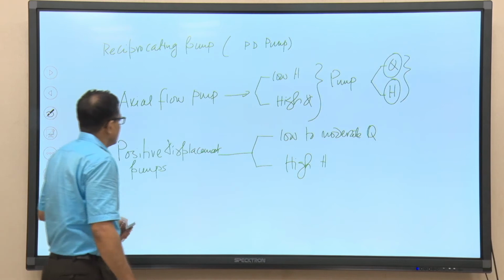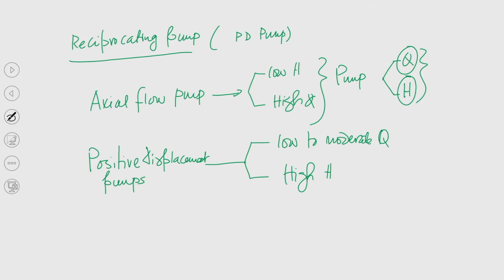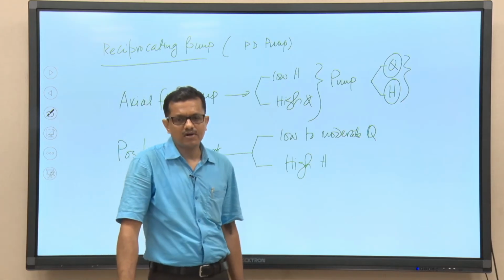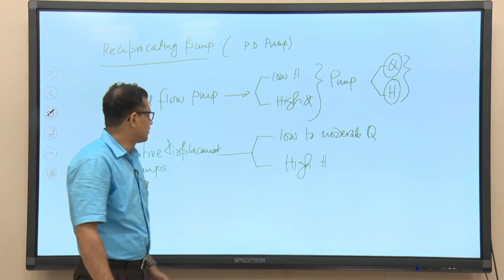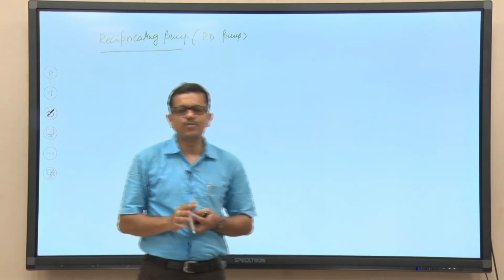So, now with this let us try to discuss the working principle of a reciprocating pump, which is nothing but a PD pump. Probably you all have seen a very common reciprocating pump.